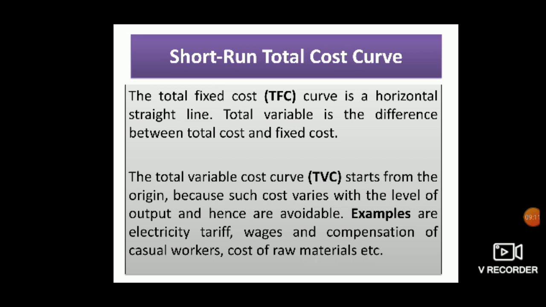The total variable cost curve starts from the origin because such cost varies with the level of output and hence is avoidable. Examples are electricity, transport, wages and compensation of casual workers, cost of raw material, etc.